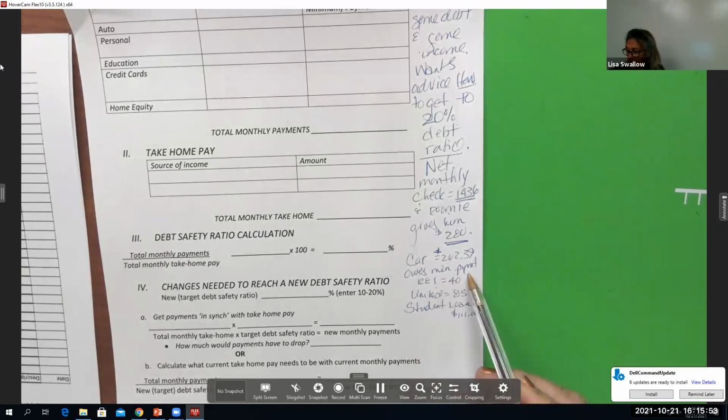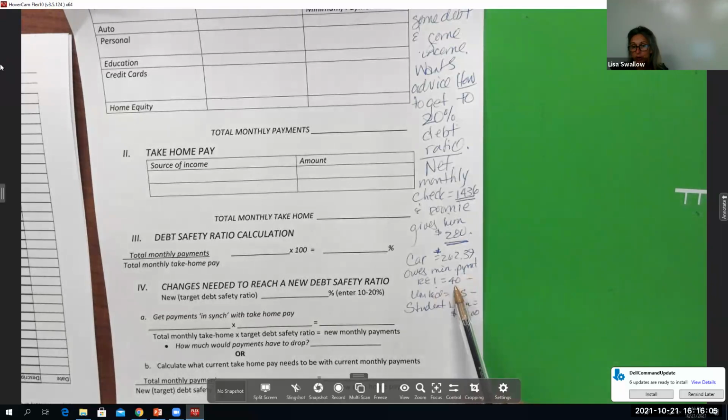And the minimum payment, again, we're hoping that you can be paying more than the minimum payment, because we've all seen what happens with interest over time when you only make the minimum payment. But he's paying REI $40 a month. And then he's got a United Airlines credit card where he's accruing miles, and he pays $85 a month on that. And then his student loan payment is $111.